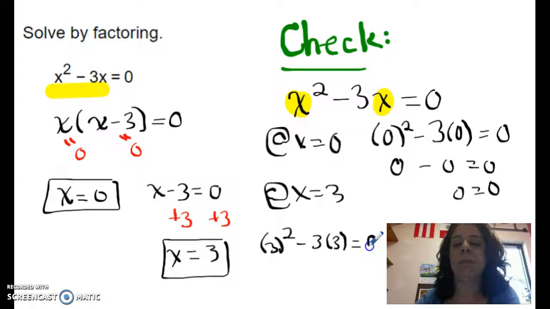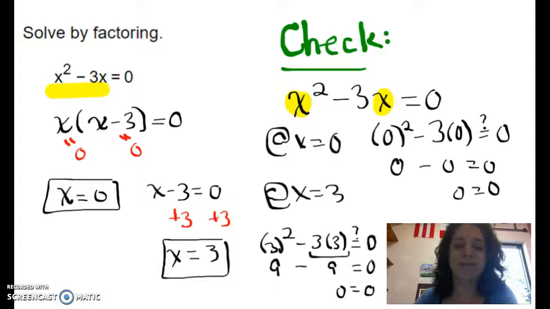I'm actually not sure if it equals 0, so I'll put a little question mark here. Probably should have done that over here as well, because we have to actually determine whether that's true. So 3 squared is 9, minus here 3 times 3 is 9. I still need to see whether that equals 0, and sure enough, 0 equals 0. So both of these solutions work, and it's a good thing to check just to make sure we did it right. Thanks.